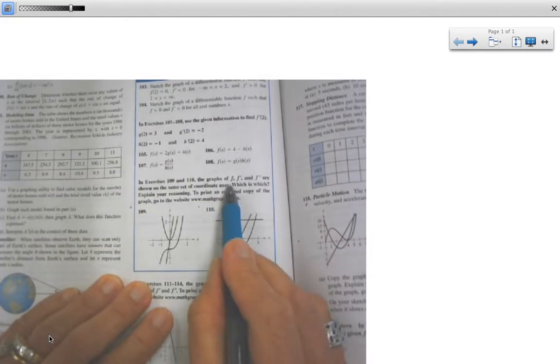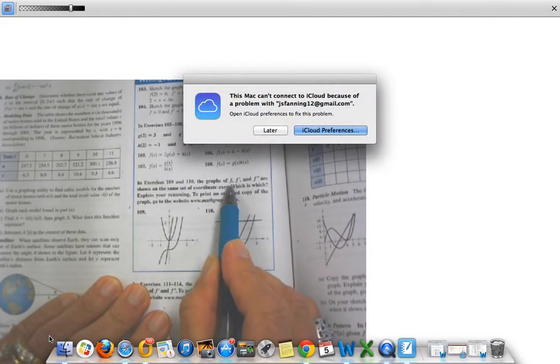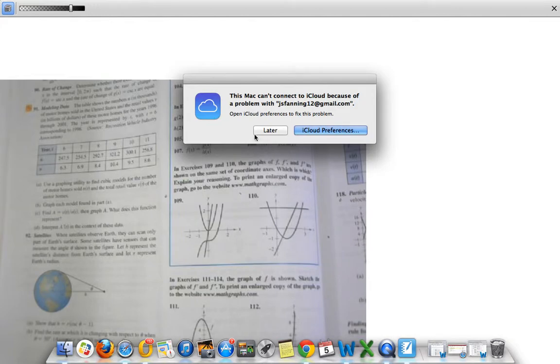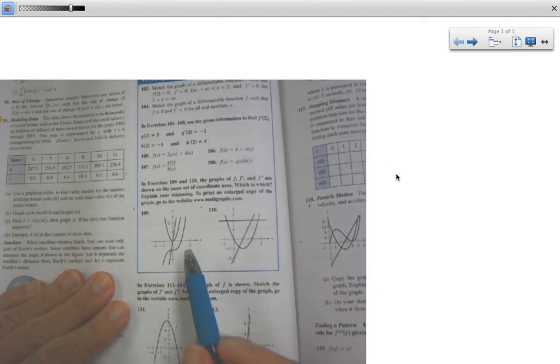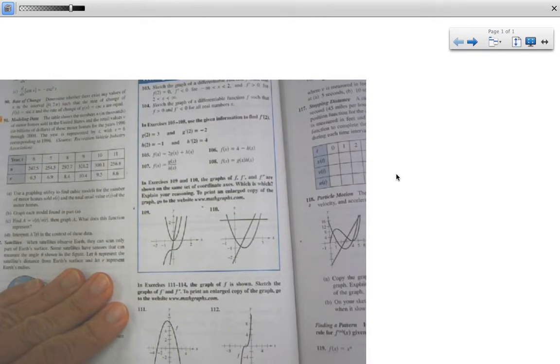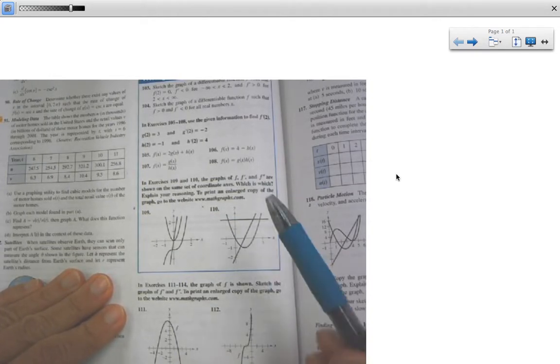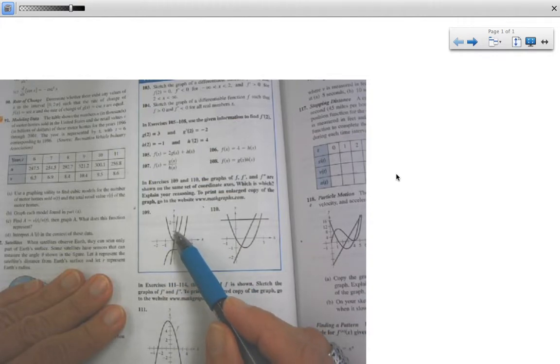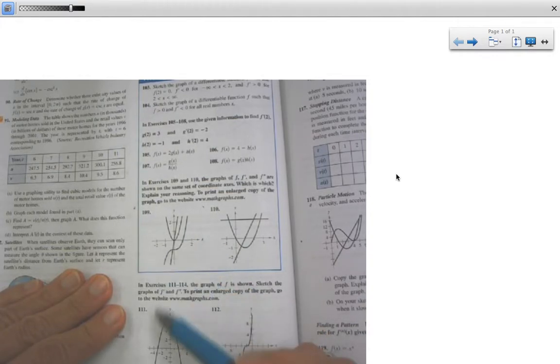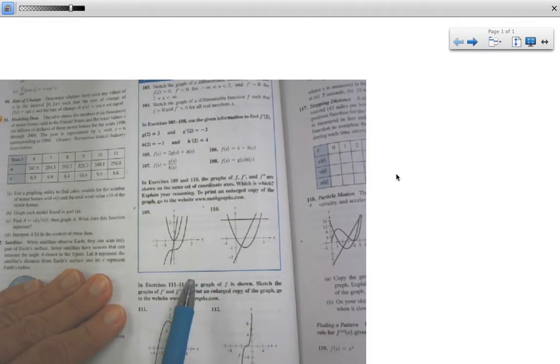Well, you know that f is going to have the highest degree, and the function with the next degree down would be the graph of the derivative. The graph of the highest degree is your nice cubic here, so this is f, this is f prime, and that's f double prime. All right, so work on number 110, and we'll talk about it in class first thing on Monday: which graph is f, f prime, and f double prime.